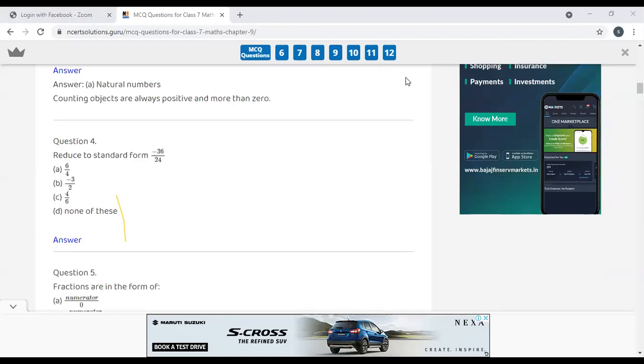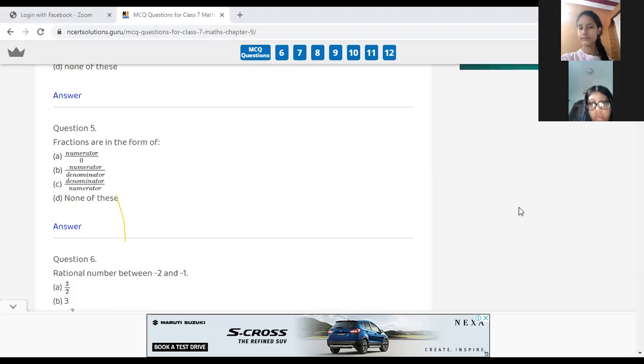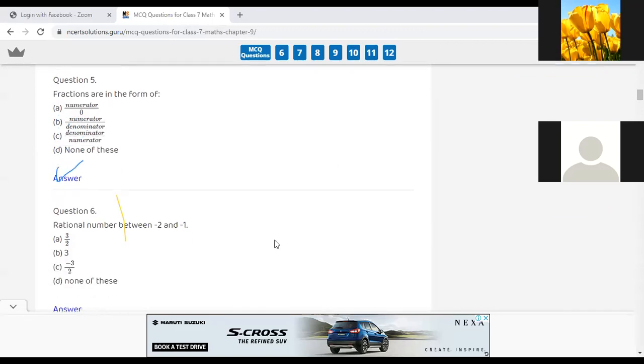B is correct. Fractions are in the form of numerator upon denominator. Can the first option be answered? No, ma'am, because there is a special condition for fractions and rational numbers that the denominator should not be 0.